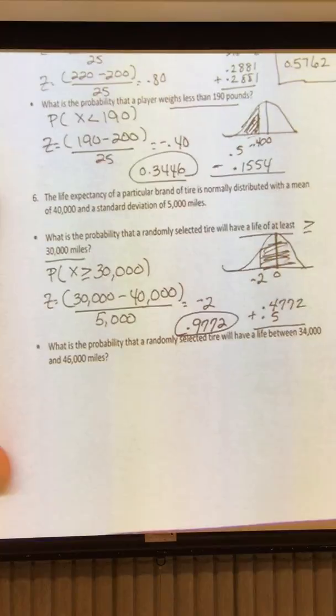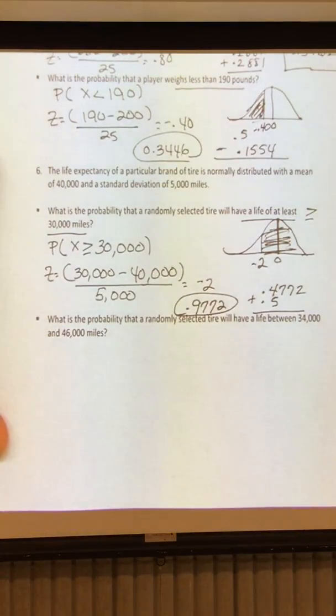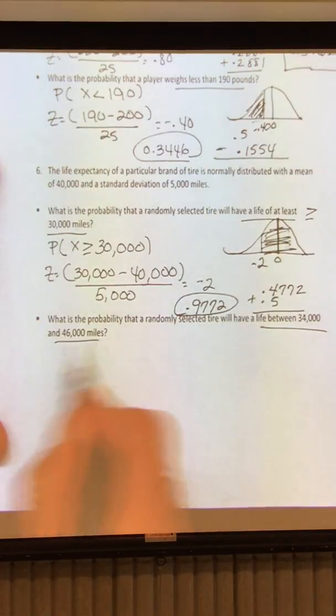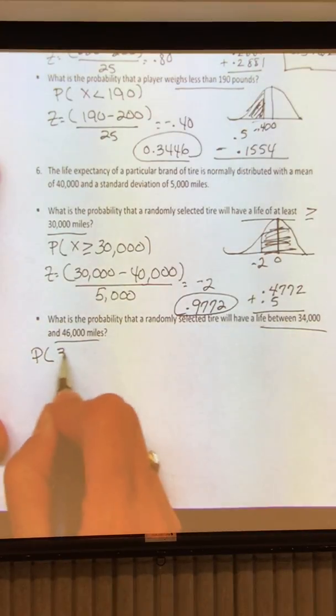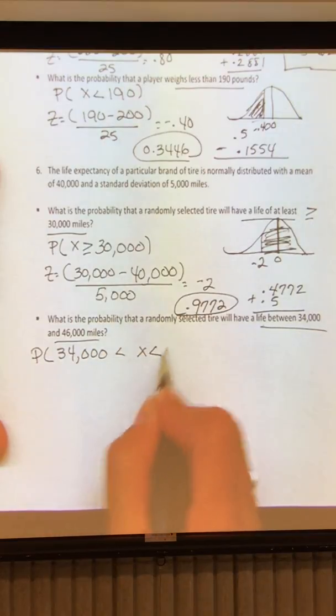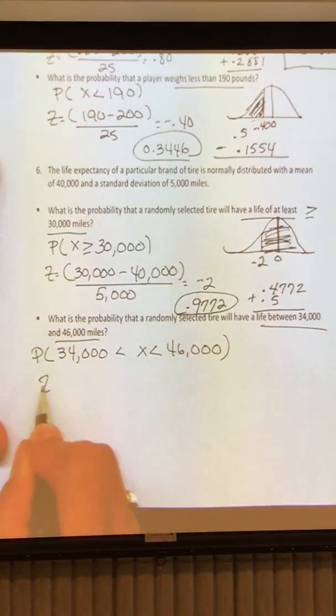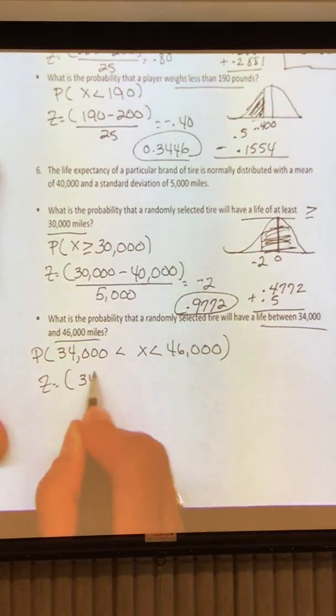And the last part for number 6 is, what is the probability that the randomly selected tire will be between 34,000 and 46,000? So let's find the probability between 34,000 and 46,000. Let's calculate the z-score for 34,000 first.